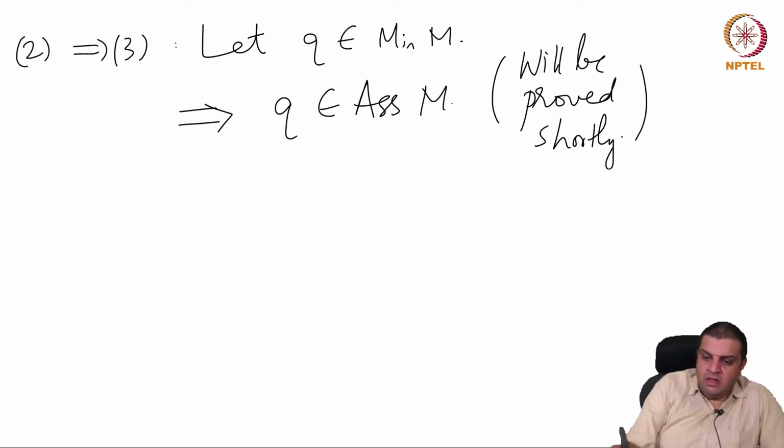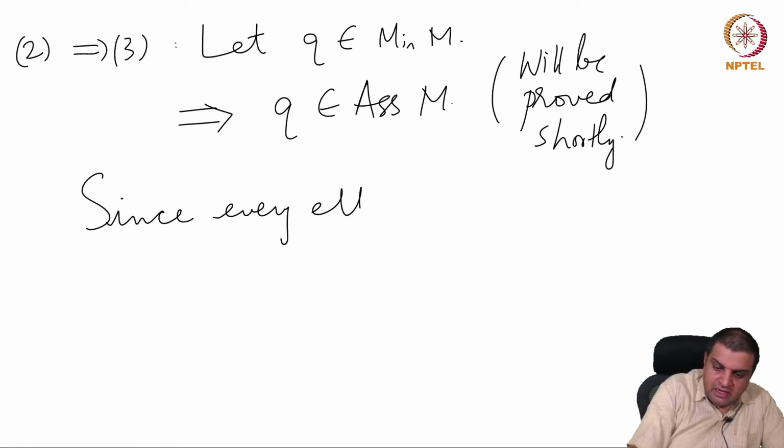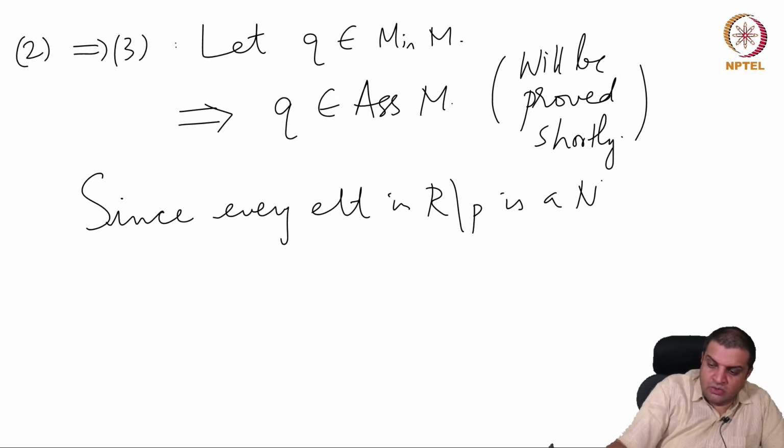But we just observed that every element outside P is a non-zero divisor. So therefore, a prime ideal not contained in P cannot be an associated prime, since every element in R mod P is a non-zero divisor.